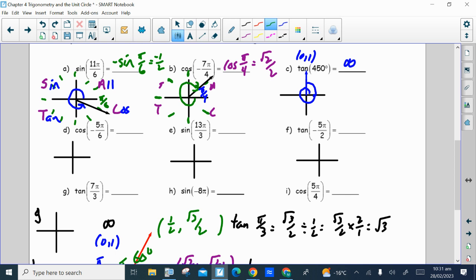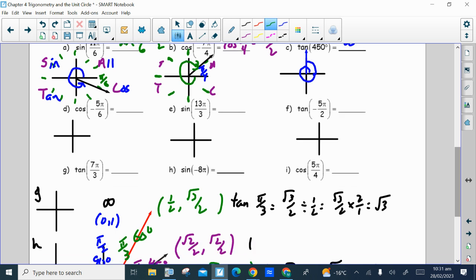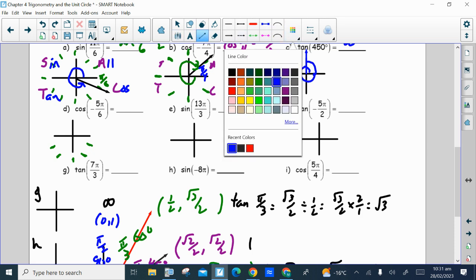We're going negative 5 pi on 6s, so we have to go clockwise. 5 multiples of pi on 6, or 5 multiples of 30. So there's our first multiple, there's our second, there's our third, there's our fourth, our fifth one will take us right there. So here's where our terminal arm will be.